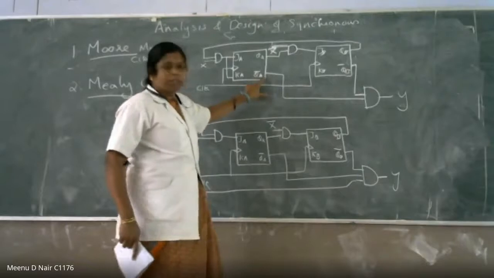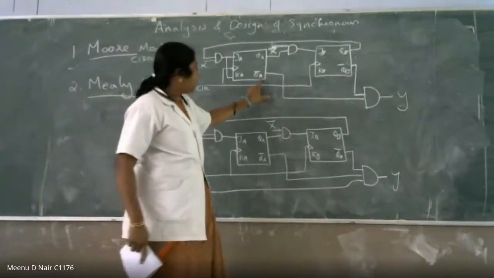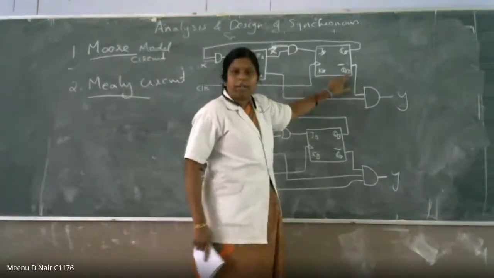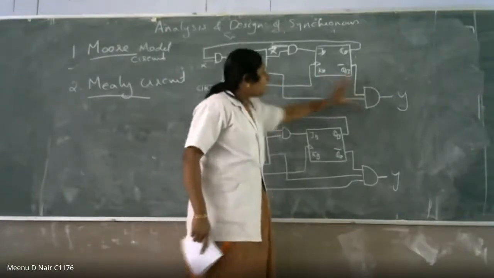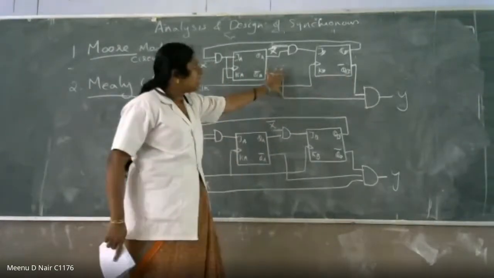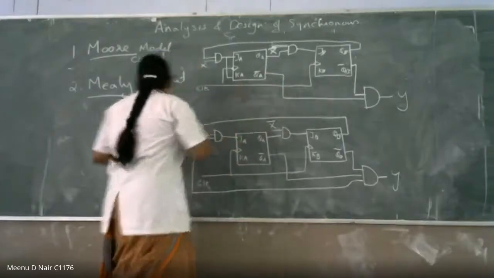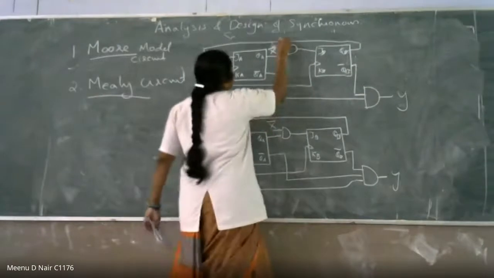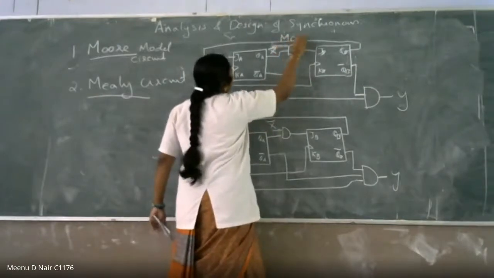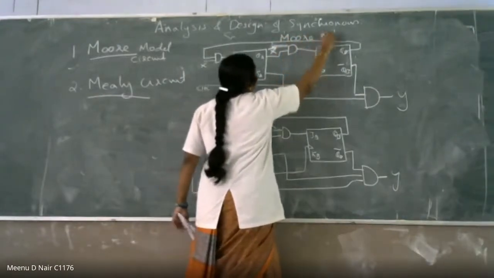QA bar, that is the present state of the flip-flop, QA bar as well as QB bar. These are the present states of the flip-flop. So the output is depending only on the present state of the flip-flop. This is the Moore model, M-O-O-R-E.